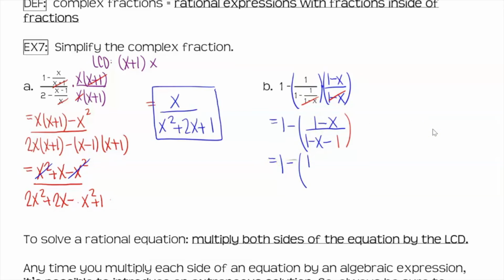My numerator doesn't simplify, but the denominator does. We have 1 minus 1 down there. So that's going to cancel, and really we just have negative x in the denominator. Okay, so now that that's simplified, I only need this 1 to change into that denominator. So I'm going to make it negative x over itself.